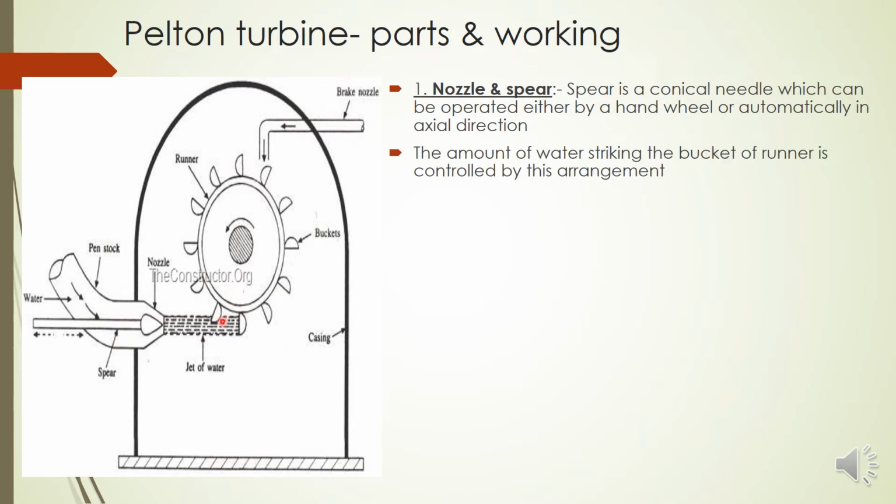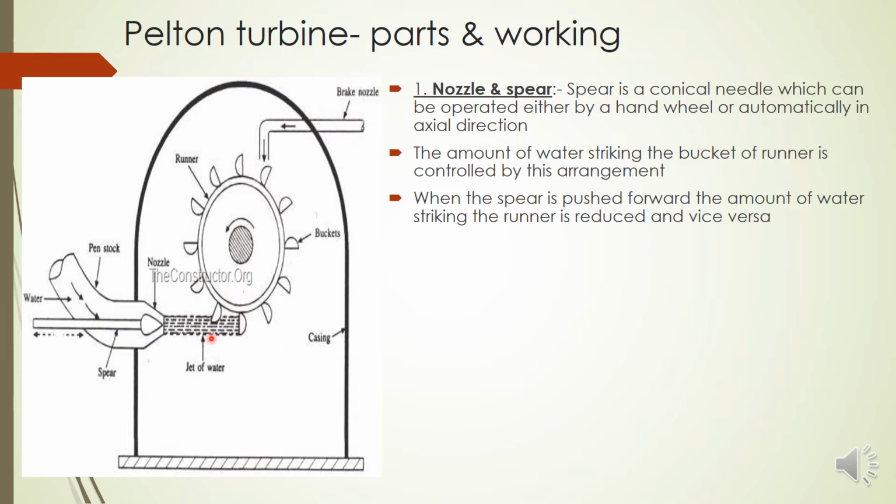It is mainly used for controlling the water. If you want to vary the water for load or other applications, we have to reduce or increase the water, and this spear will act. So it is mainly used for controlling the water striking the buckets. The blades of an impulse turbine we call buckets.